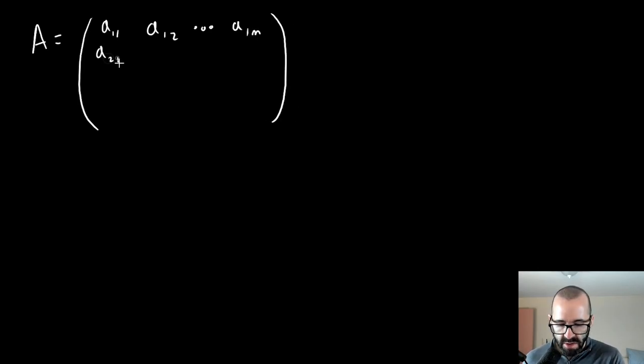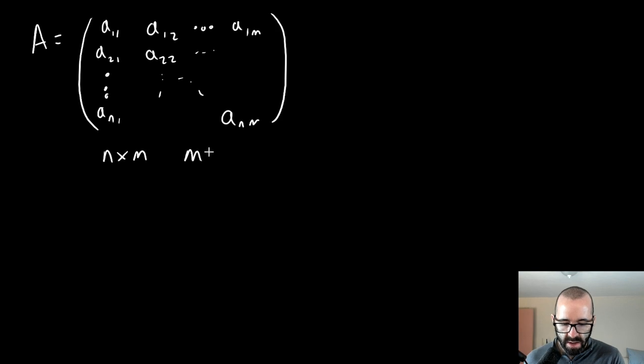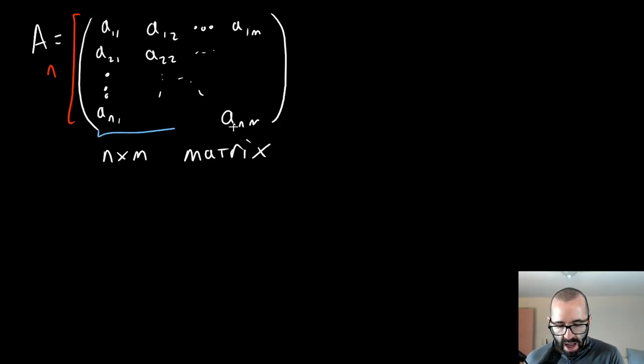And then we can go A21, all the way down to An1, and A22, all the way to Anm. So we can really have an n by m matrix. Matrices can be as big as we want. The idea right here is that n represents the number of rows and m represents the number of columns.